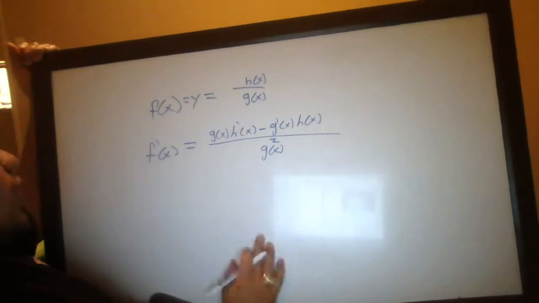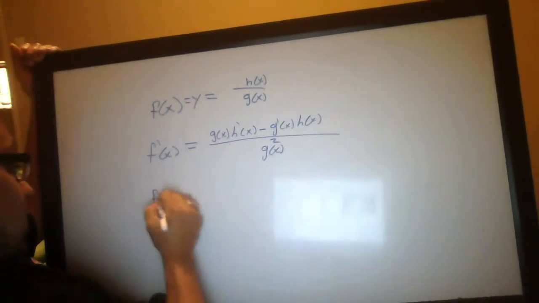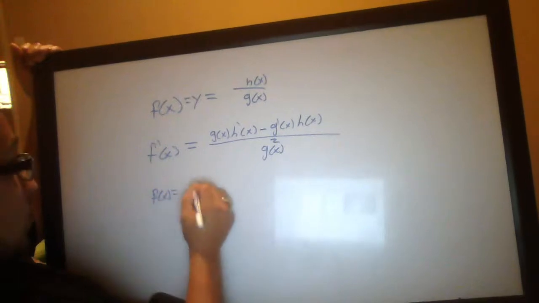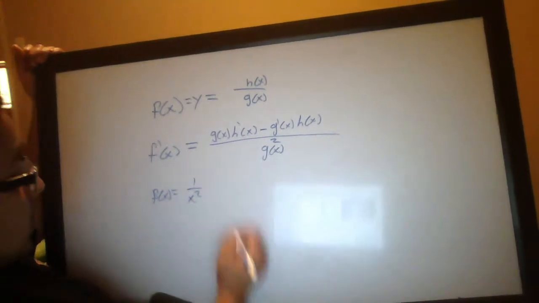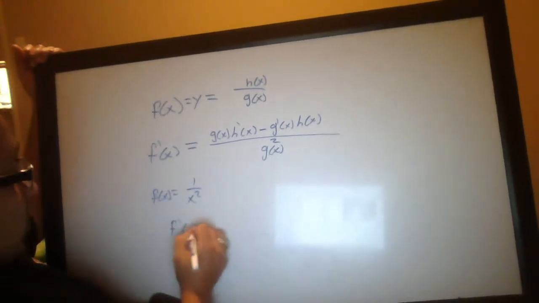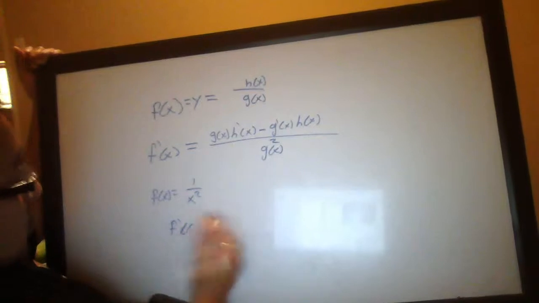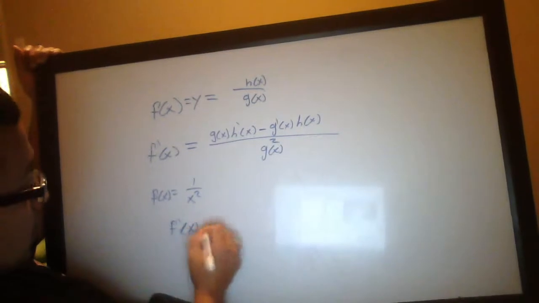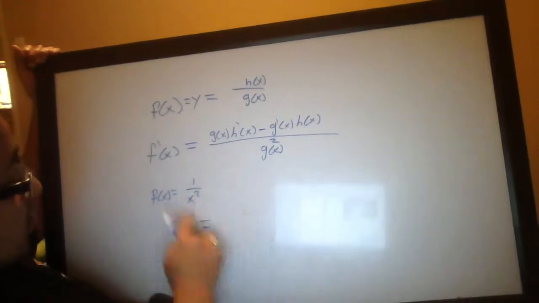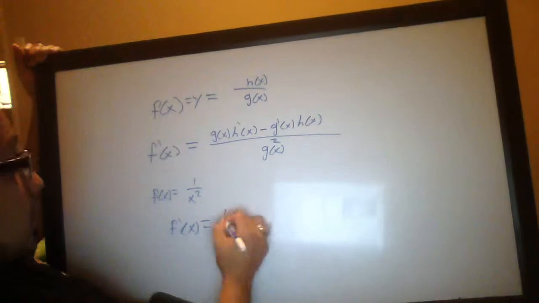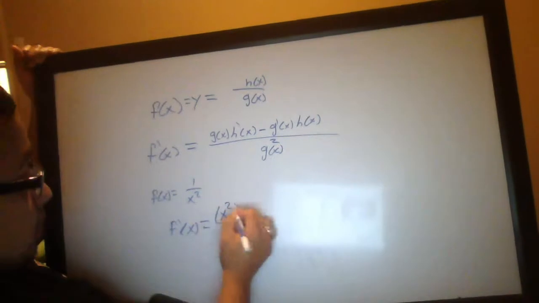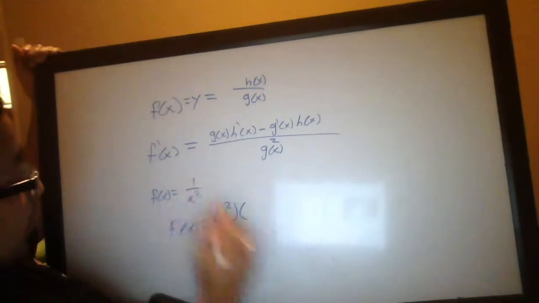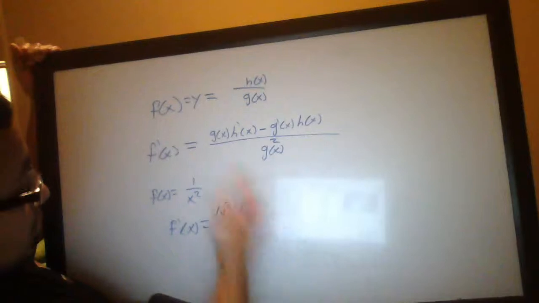So for example, if we had f of x is equal to 1 over x squared, then f prime of x following this equation, so g of x in our case is x squared. So we write x squared. What's the derivative of a constant? 1, which is h of x in our case.